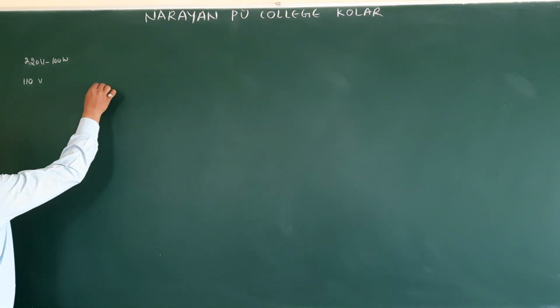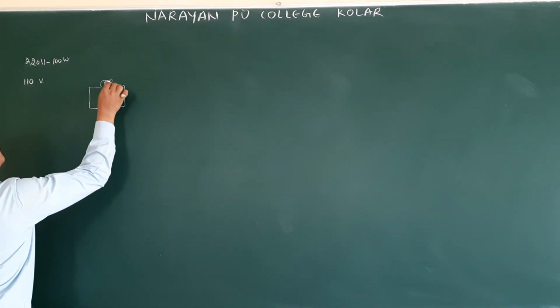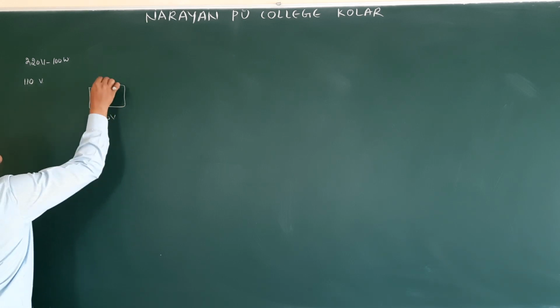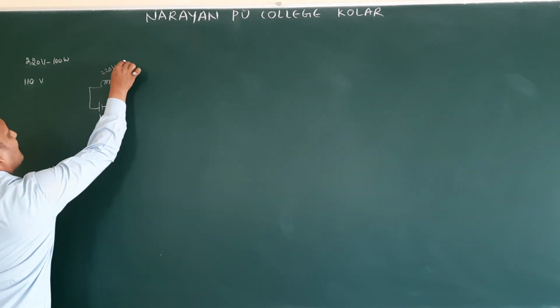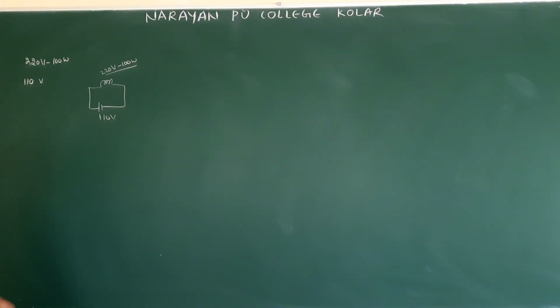So this is a bulb. It is connected to 110 volts. This is 220 volts, 100 watts. So we will be coming to 60 watts bulb, 100 watts bulb, like that. Now what is the power formula we can find?